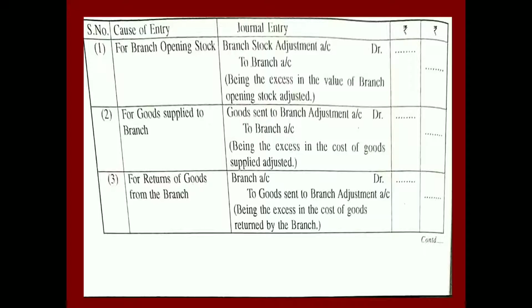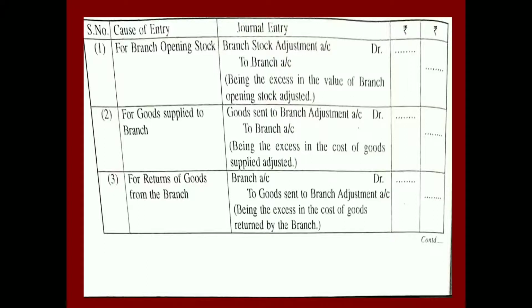Three columns: serial number, nature of entry and journal entry, and two columns of amounts. First entry, for branch opening stock: Branch Stock Adjustment Account Dr. to Branch, being the excess in the value of branch opening stock adjusted.